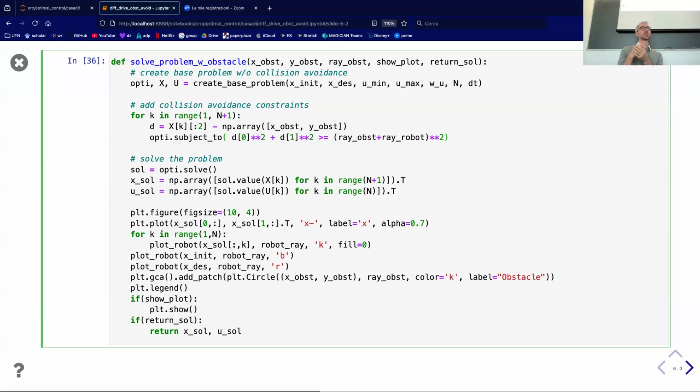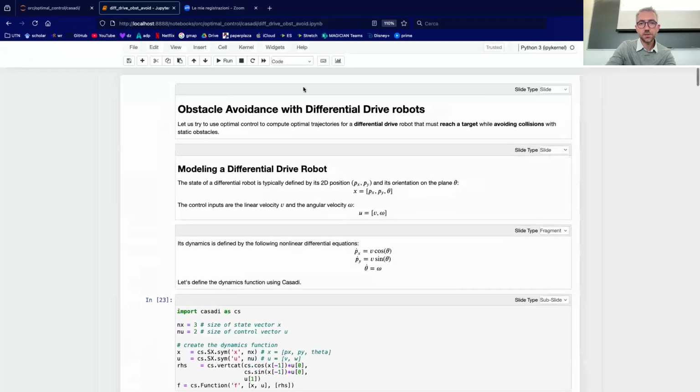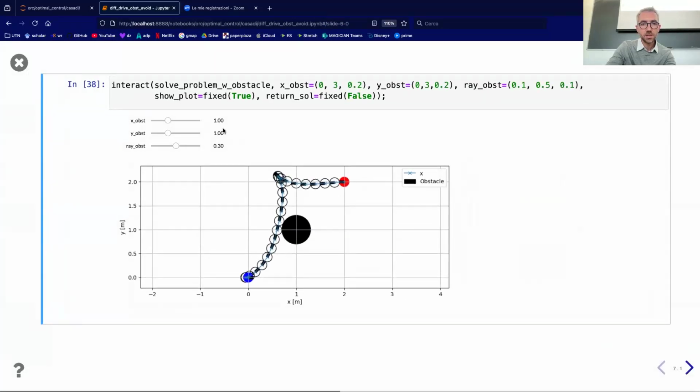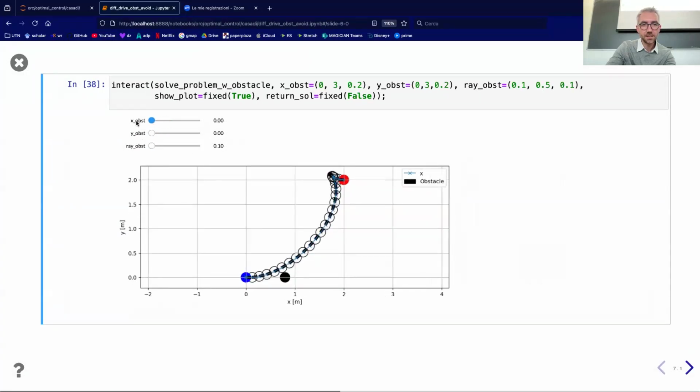It's always defined, its derivative is always defined. Quadratic functions are the best for solvers. So I can redefine the problem in this way, reevaluate this, and now I can move the obstacle again on top of the initial state, and it works.